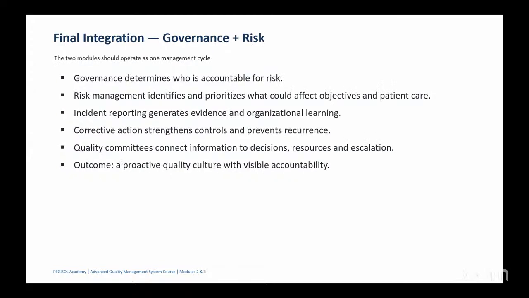So a final integration, we're now integrating governance and risk together, module 2 and 3. Governance determines who is accountable for risk. Risk management identifies and prioritizes what could affect the objective and patient care. Incident reporting generates evidence and organization learning.